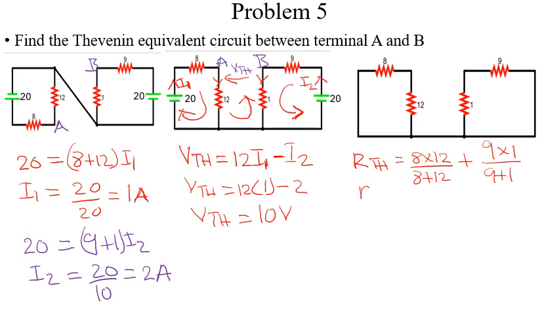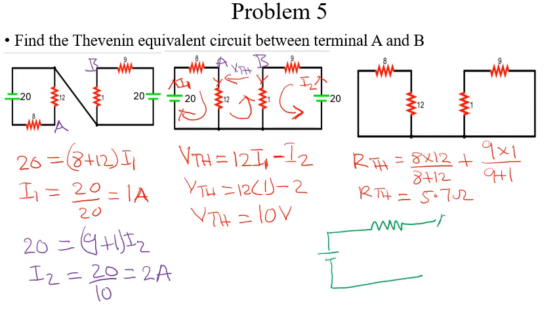So our RTH is now equal to 5.7 ohms. After doing that, they said we should find the Thevenin equivalent circuit, so we draw our Thevenin equivalent circuit and put our values there.